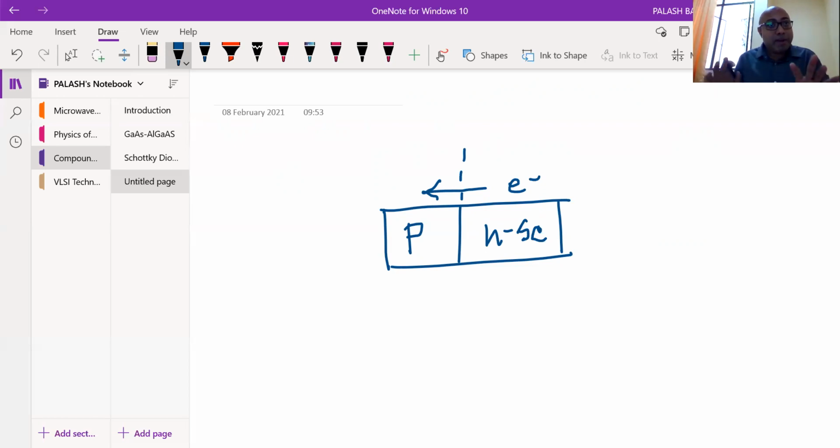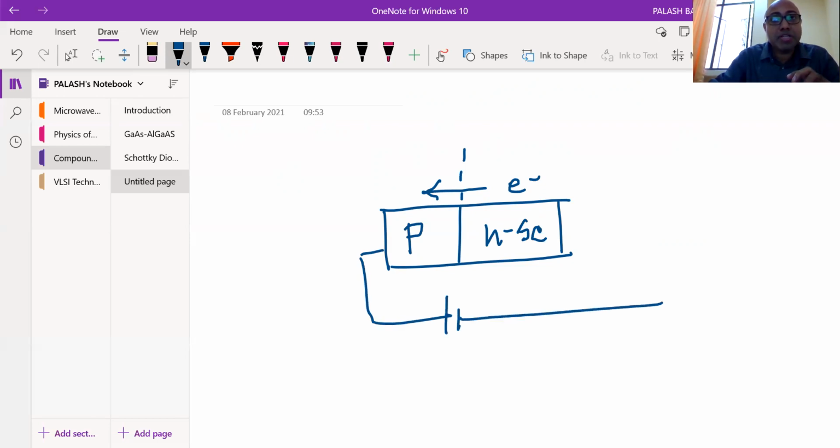Suppose you have applied some voltage, maybe forward bias. The electron comes from the n-type semiconductor, where it is a majority carrier. The moment it reaches the p-type semiconductor, it realizes it is no more a majority carrier. It becomes a minority carrier, so it has to follow the diffusion rules.